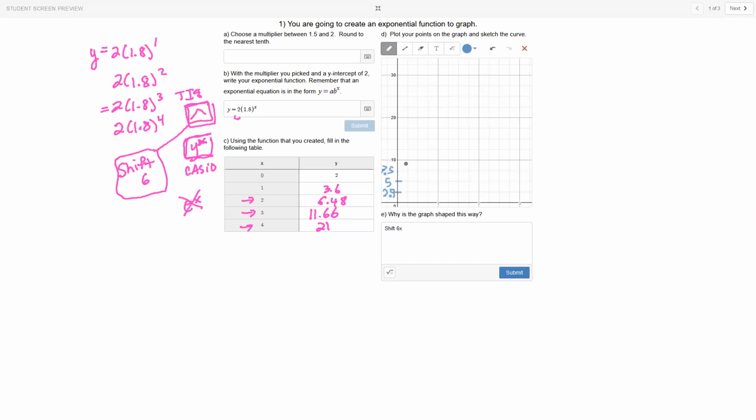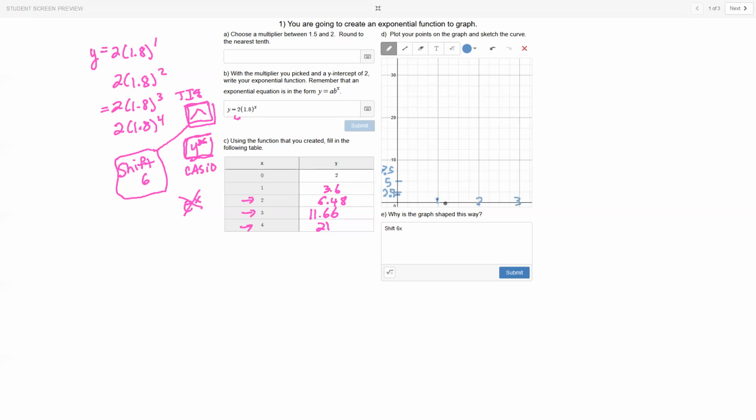Okay, so I want to go 0, 2. If this is 2.5 in the middle right here, 0, 2 is going to be slightly below it. So right here, I'm going to put a dot. Then I want 1, 3.6. Well, 1 is actually right here, 2's right here, and 3's right here. You can barely see it, but I'm going to make it bigger.